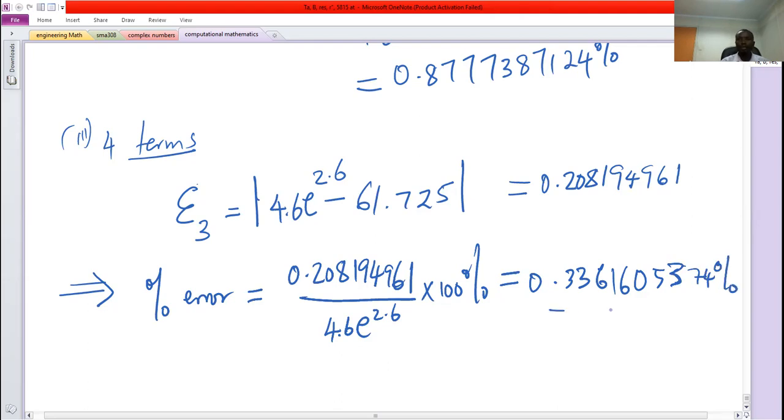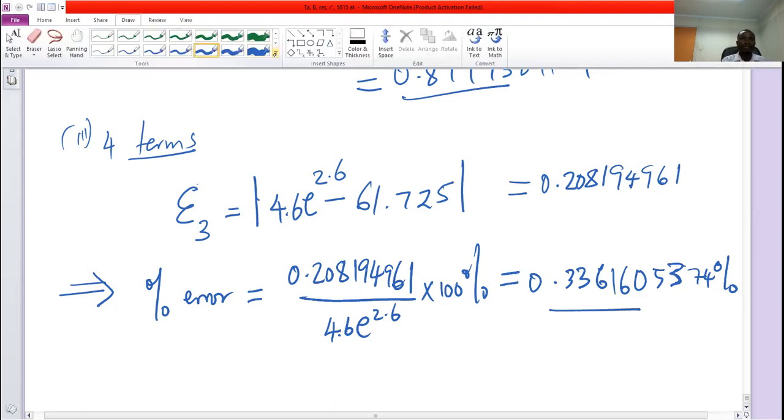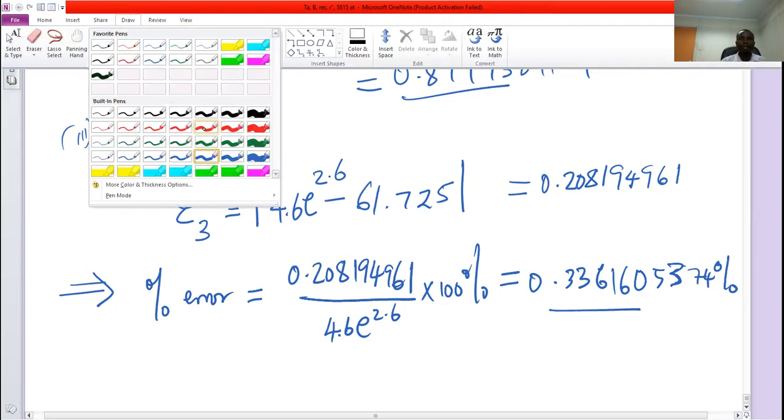So also this percentage error has reduced, and the same trend as what we have dealt with before, that the more the number of terms, the less the error and the better the approximation.